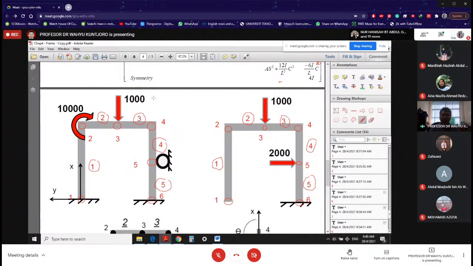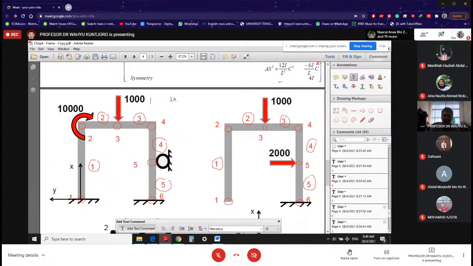this 1000 here is actually f3x, and the magnitude is minus 1000.